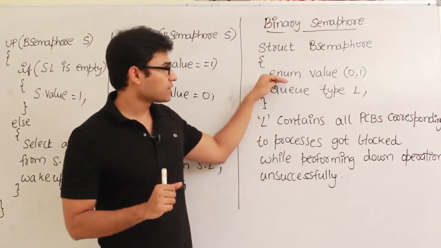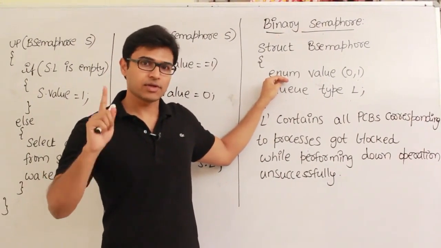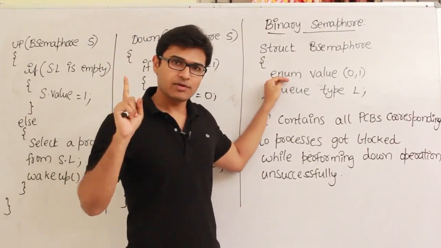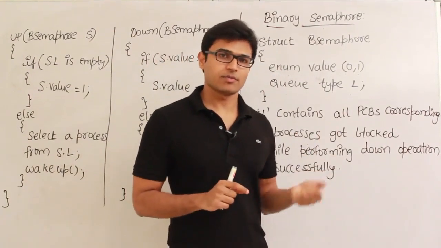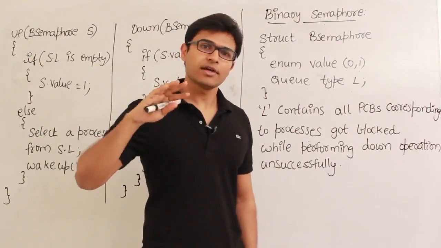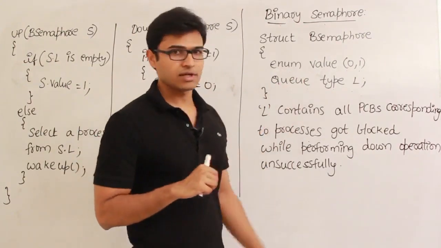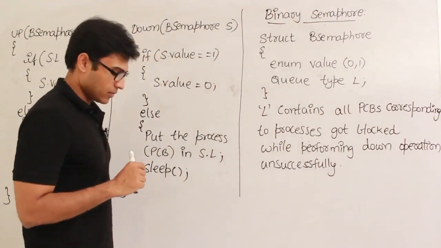So you can consider this to be a counting semaphore whose value is initialized to 1. Whenever a counting semaphore value is initialized to 1, then only one process can enter, right? That is how it is operating. Only difference is in counting semaphore, it can take negative values, but here only 0 is allowed, not even negative values, right?